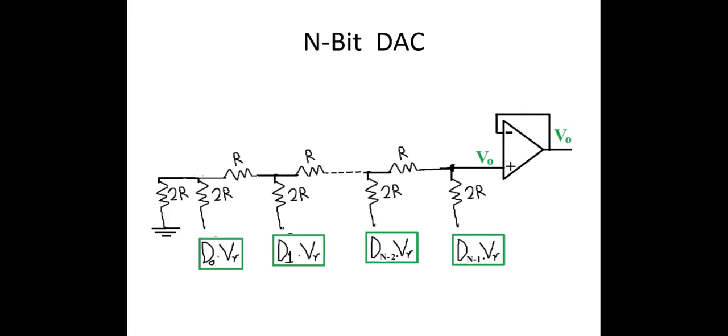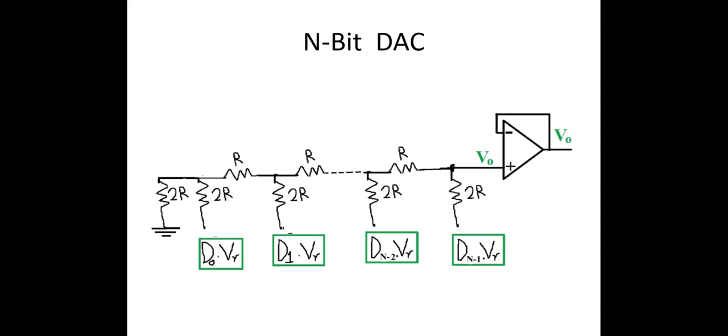So now we can extend this concept to an n-bit digital to analog converter, and this is how the circuit for an n-bit digital to analog converter looks like. It's simply extending the network of R and 2R to n stages, and the leftmost resistor 2R will be grounded.